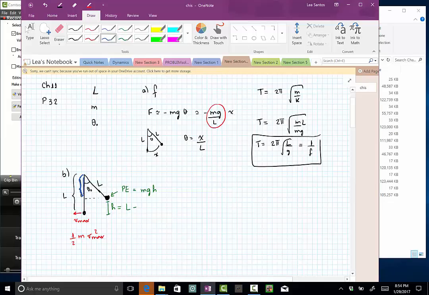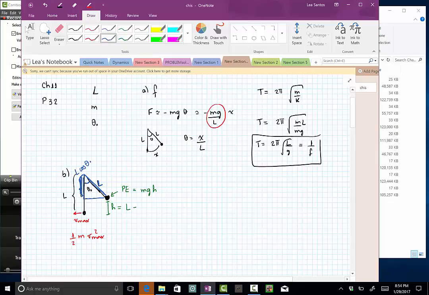Well, you see that here in blue we have a right triangle, don't we? I have the angle theta 0, and I have the hypotenuse L. So this means that this little piece in blue is L cosine of theta 0.